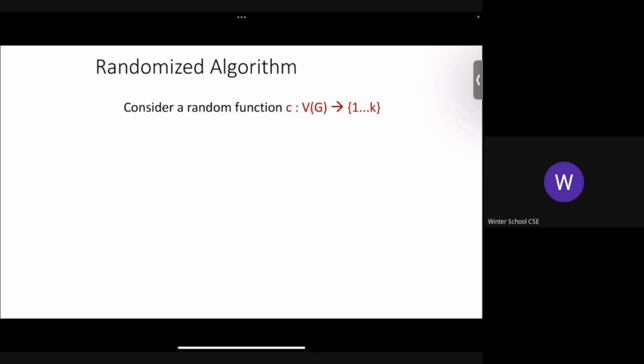So what is this randomized algorithm doing? I uniformly at random color the vertices of my graph with k colors. First observation: if I have a set of k vertices, what is the probability that all vertices from this set will be colored differently?